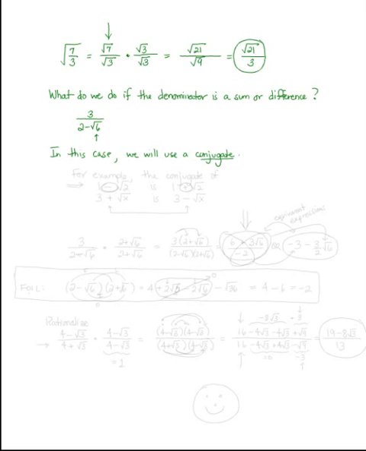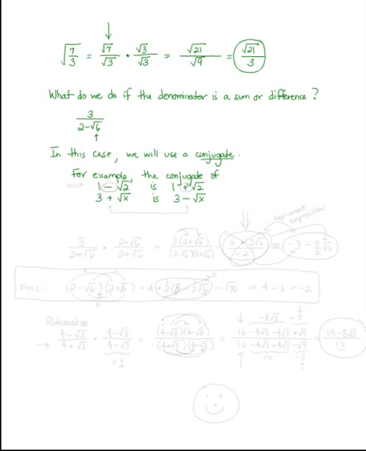For example, the conjugate of 1 minus the square root of 2 is 1 plus the square root of 2. The conjugate of 3 plus the square root of x is 3 minus the square root of x.